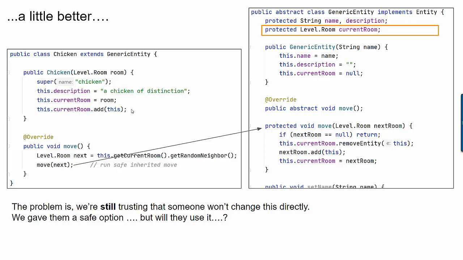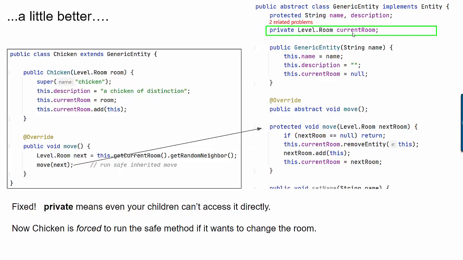So it's not just about having a method that enables all the variables to be consistent. You want to force people to use the method that enforces the consistency itself. The way to do that is to make your current room private. Now anything that extends generic entity is forced to use your methods if they want to change their own current rooms.